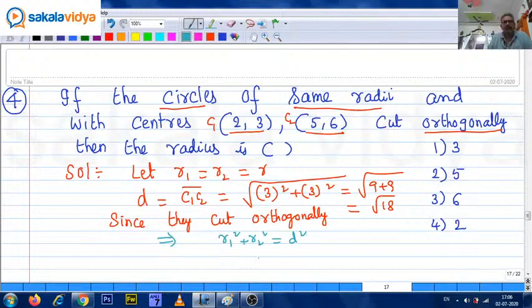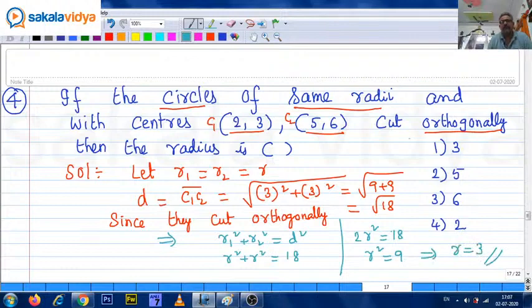So you get R² + R² equal to D², which is 18. Now D² is 18, so 2R² equals 18. R² is equal to 9. So R equals square root of 9, 3. R must be positive. So 3. So the first option is the right option.